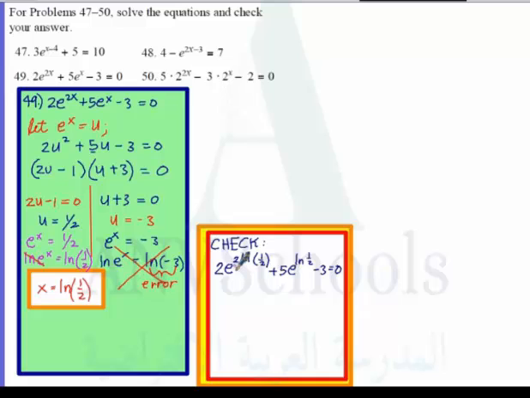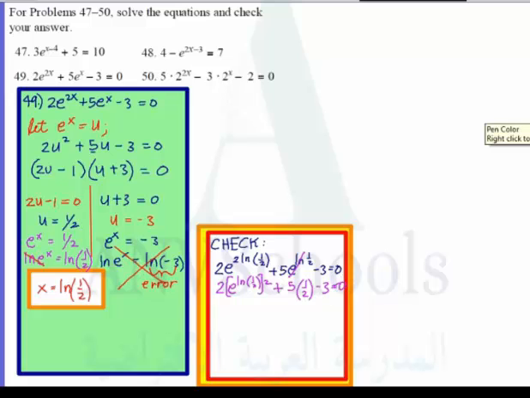So in this case, we have 2 times e raised to ln of 1/2, and this is raised to 2, okay, plus 5, and this one could be cancelled, so times 1/2 minus 3, is it equal to 0?